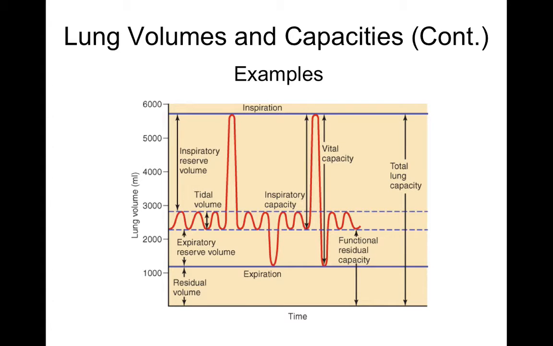But this is accounting for both lungs, not one lung. And then total lung capacity is just all the air that you can find along your respiratory tract. Now we'll come back to this sort of data later, you guys, because you can look at this data to figure out if someone has normal respiratory function, obstructive pulmonary disorders, or restrictive pulmonary disorders. So we'll come back to these data in a future chapter.